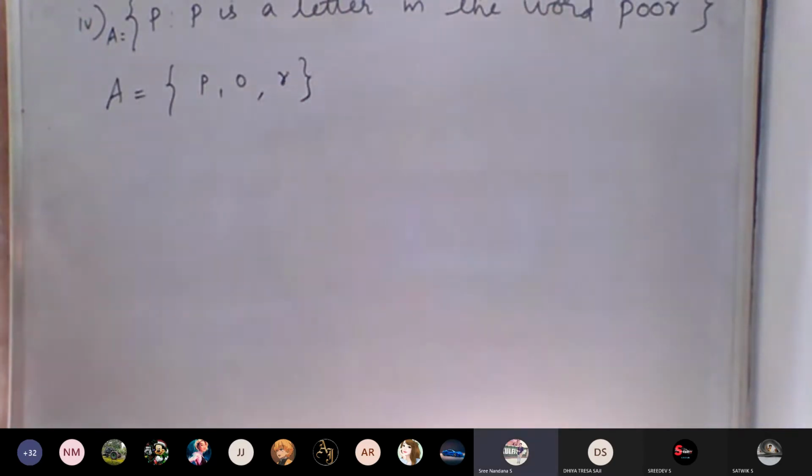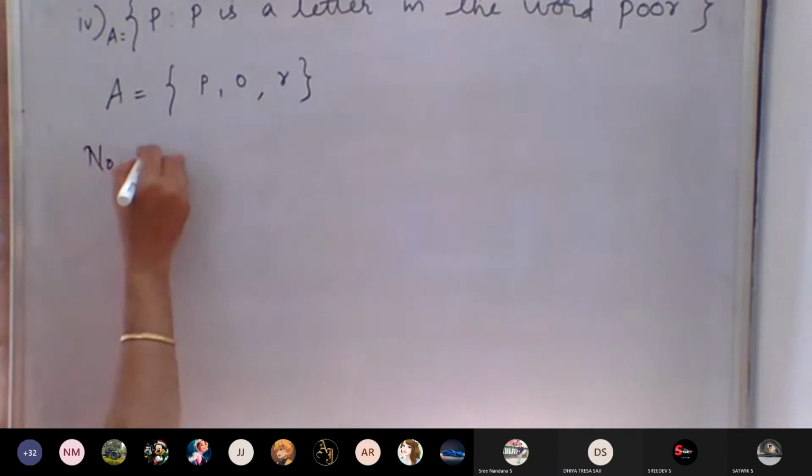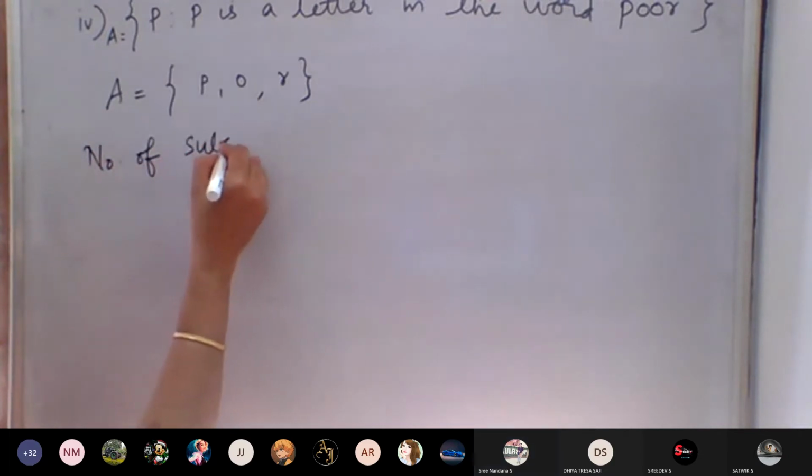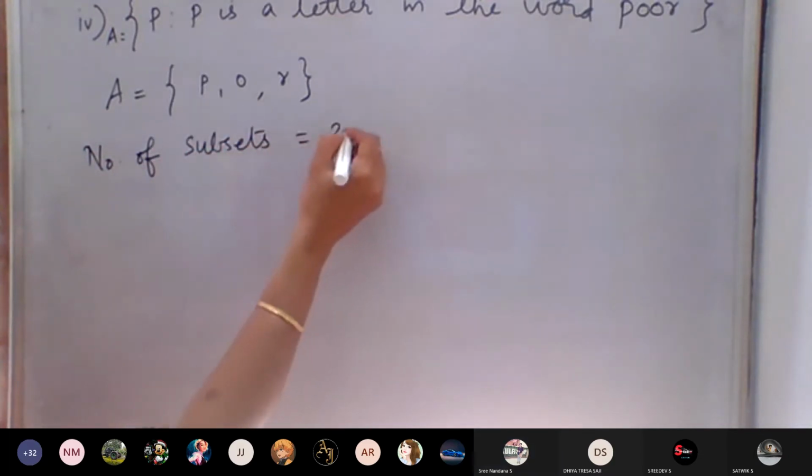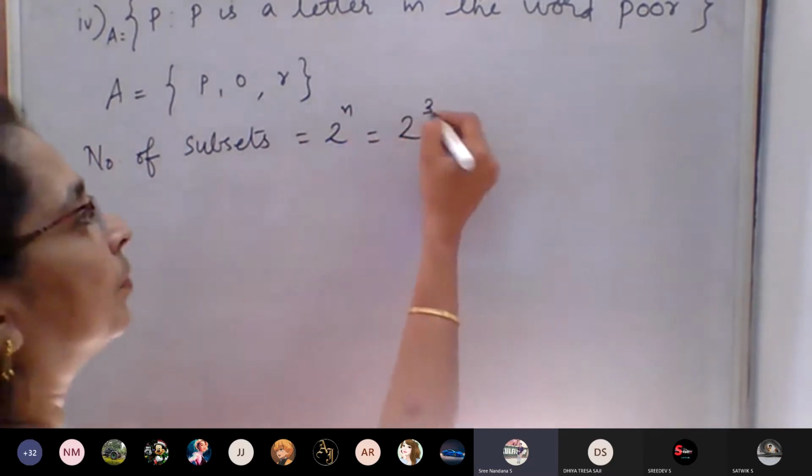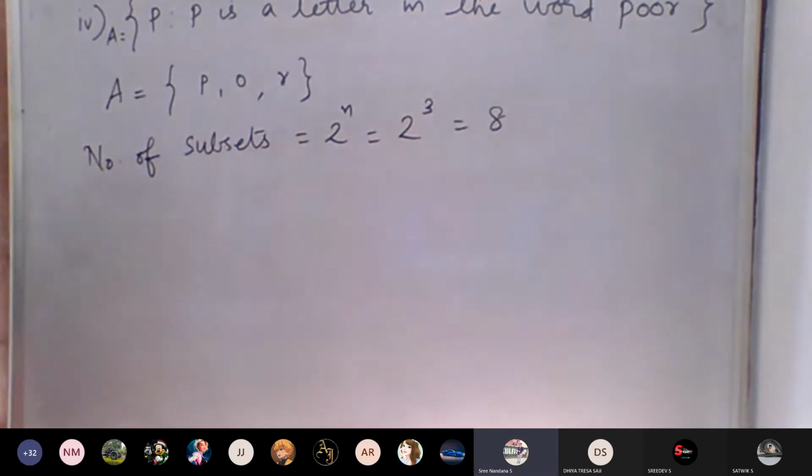Then number of subsets is equal to 2 raised to 3, which is equal to 8.